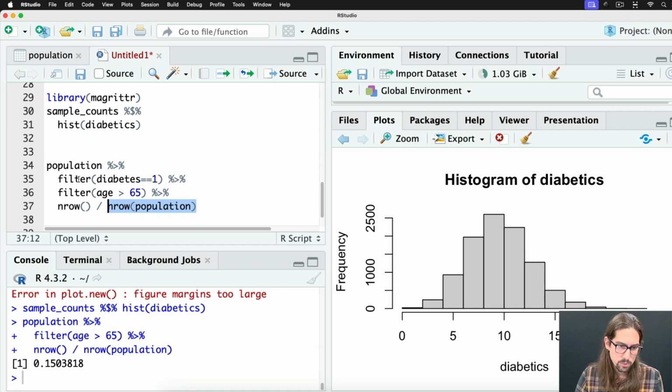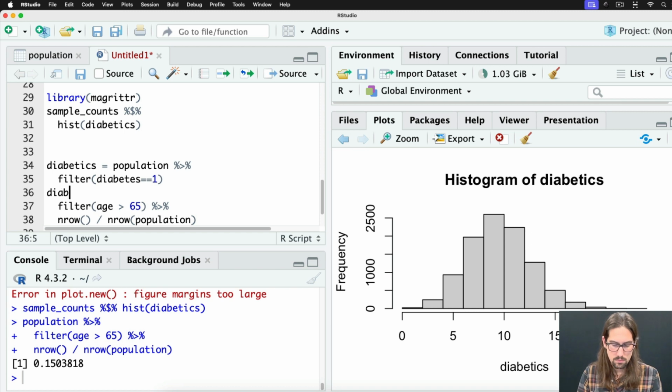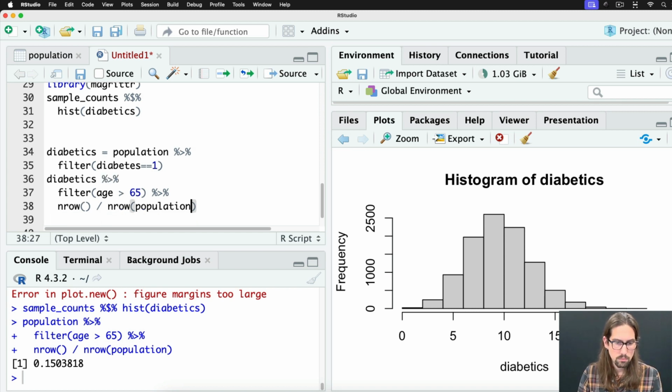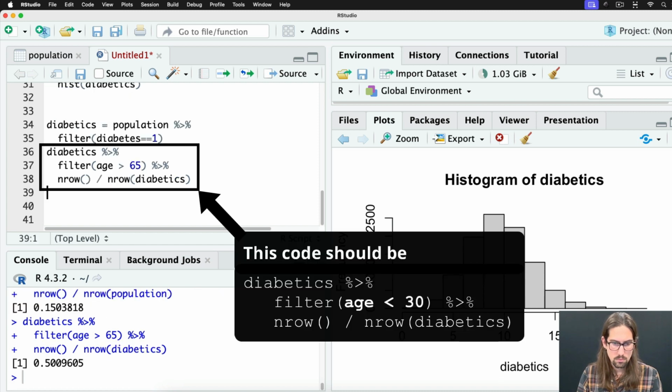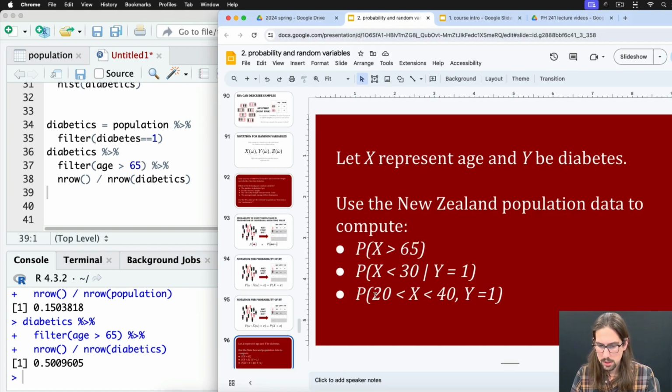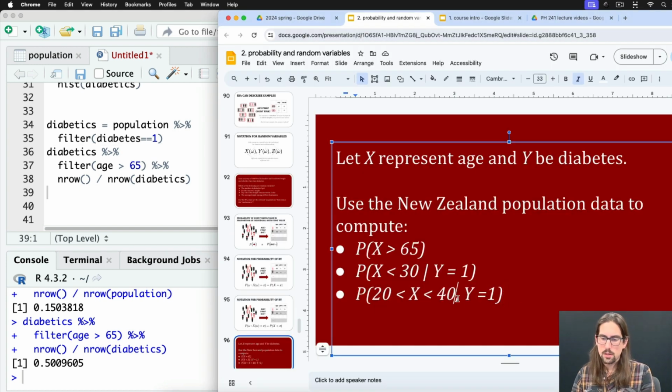And so maybe for this one, it's a little bit easier to break it up. Okay, so about 50%.